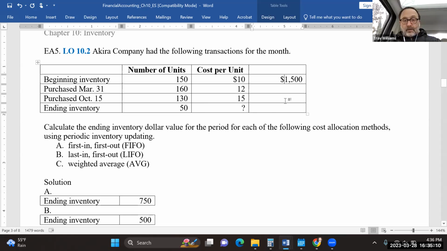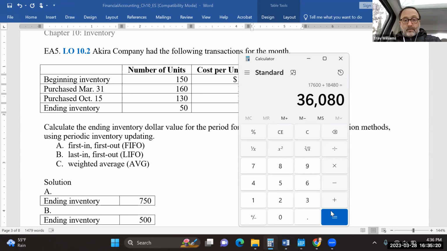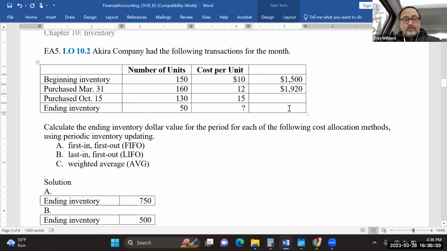Okay, we can add that all together. And we get a total of $5,370. So that is the total cost of our inventory.